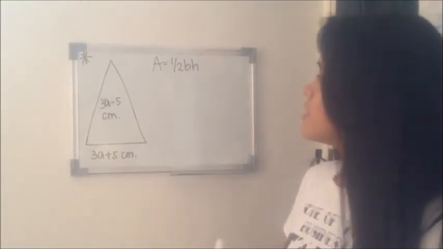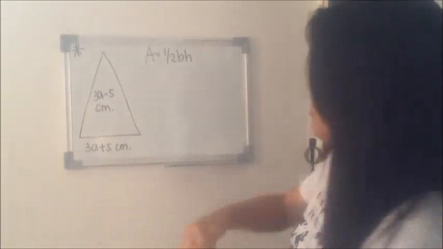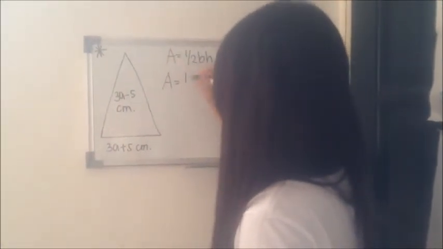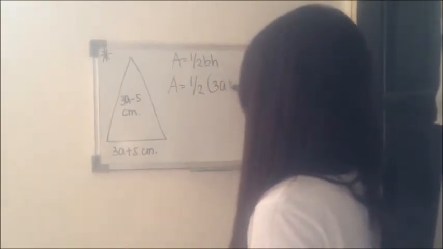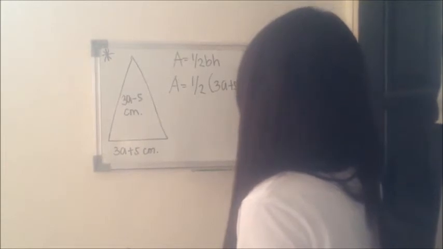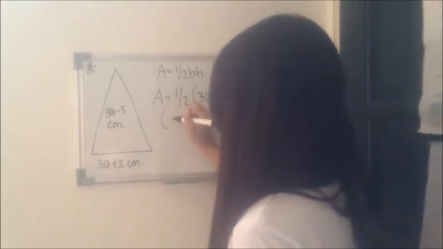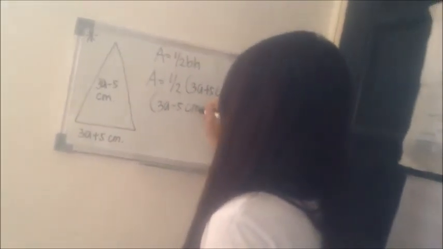And the area for the triangle is 1/2 base times height. So area equals 1/2 times 3a plus 5 centimeters times the height, which is 3a minus 5 centimeters.